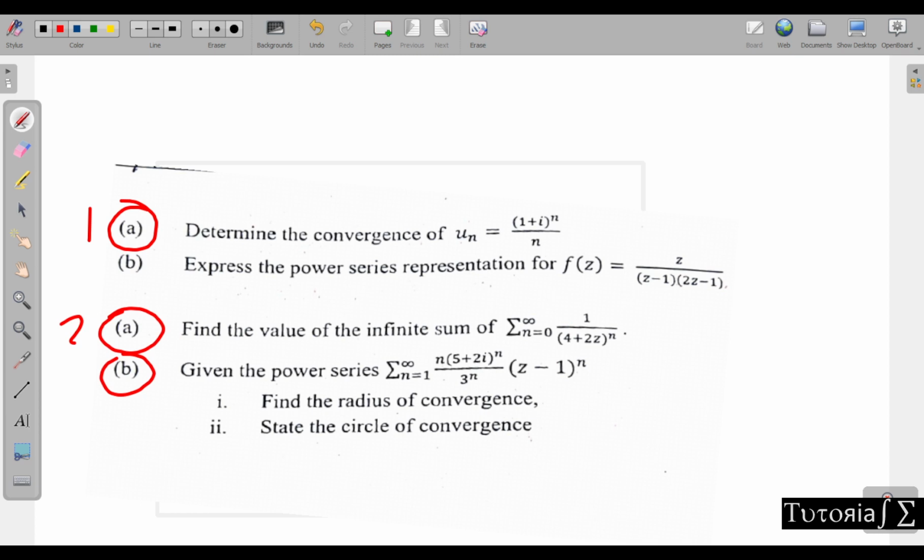Now, you have two things that we're looking at. We're looking at sequences and what? Series. In simple definition, a sequence is just a function whose domain is a set of integers, positive integers.